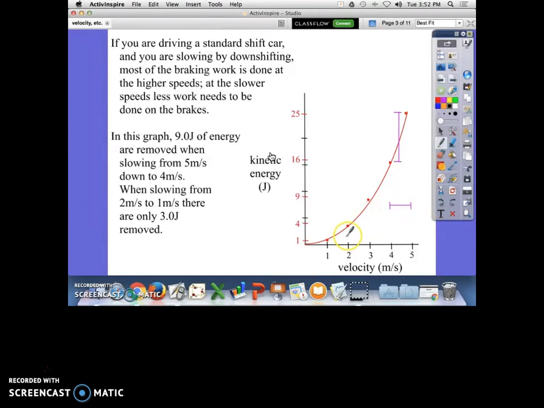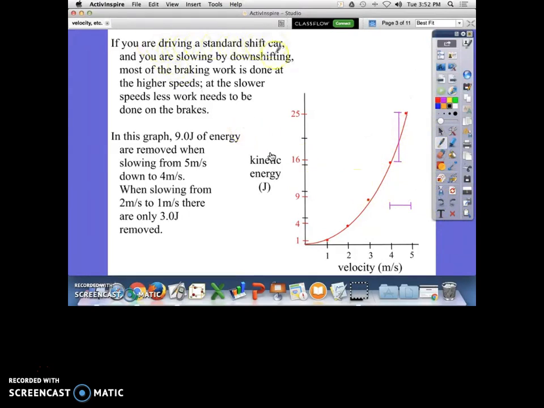Once you get slowed down to 2 meters per second down to 1 meter per second, that drop in energy is less. So in my mind, and I wasn't able to explain this to him, downshifting down to 3rd and then just coasting the rest of the way and applying the brakes wasn't really using much brakes. There wasn't much going on down here in terms of energy loss. All the energy loss was at the higher speeds and in the higher gears.